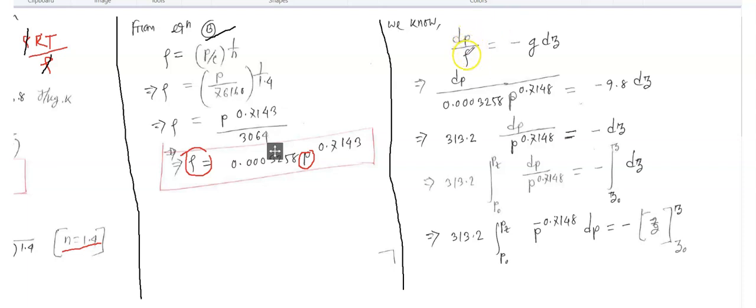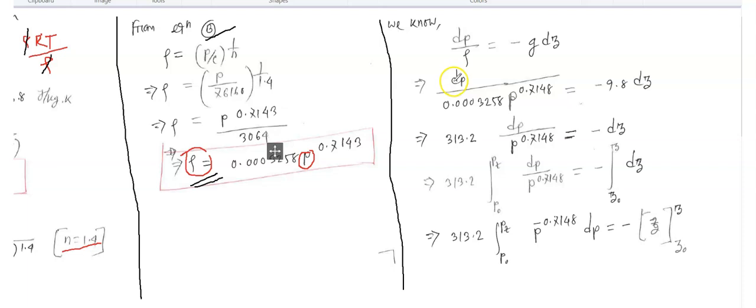Our ultimate target is to calculate this pressure at 4,000 meters of altitude, and we got this function which is a combination of pressure and density. So we wrote dP equals rho g dz, and then we substitute the density 0.03258 P to the power 0.7148, and we know the gravity, 9.8, dz.